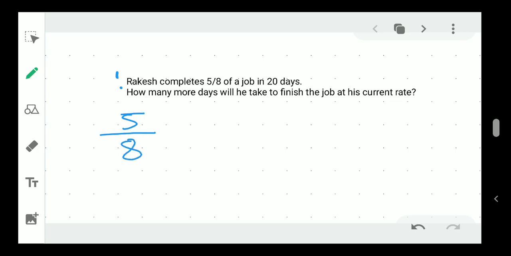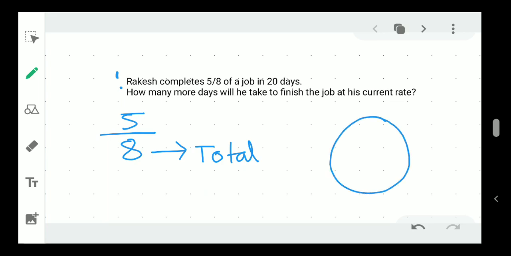We know that for any fraction, the denominator is the total, right? Like if you have a pizza and you have eaten 1 by 4th of it, that means there were 4 pieces, and out of 4 pieces you have taken one. So the down part is the total, whereas the upper one, the numerator, is your selection.